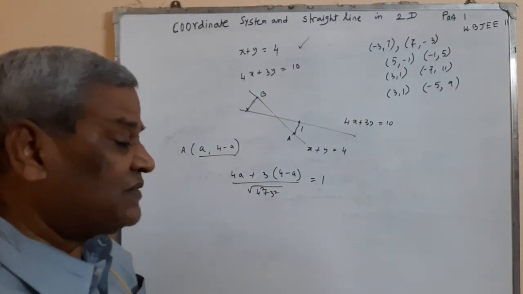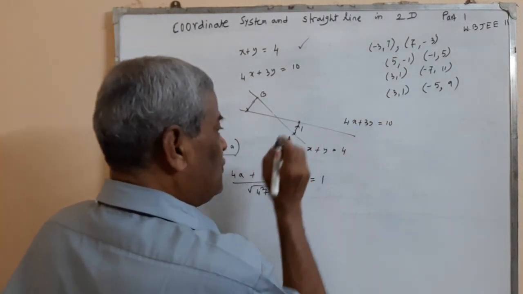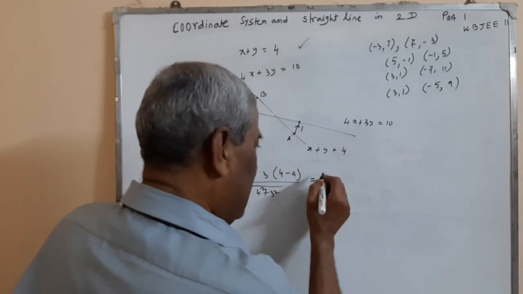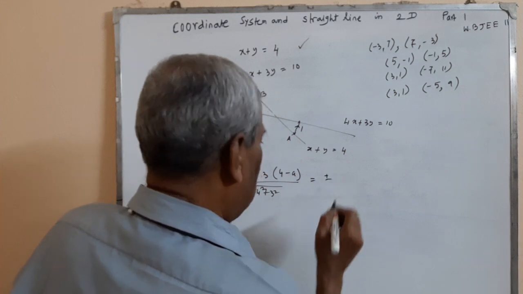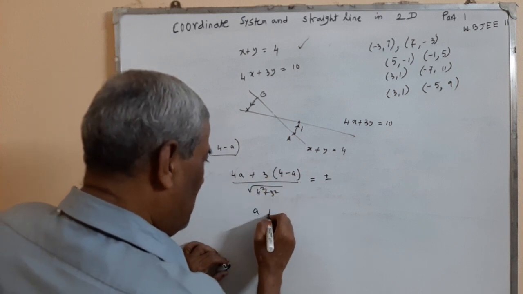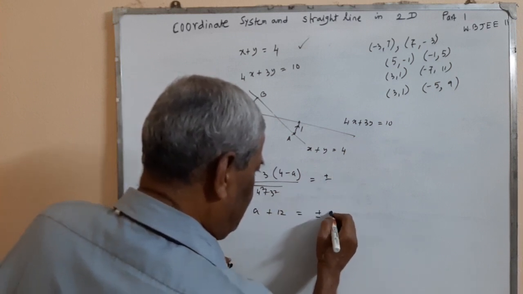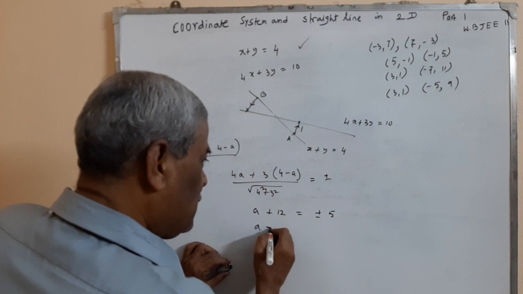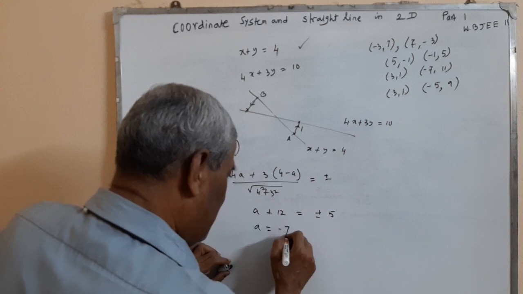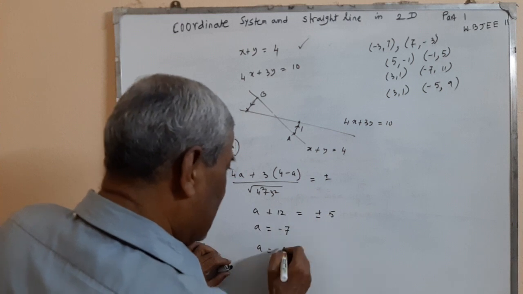If the distance is 1 in this direction, then in the other direction it will be minus 1, so it can be taken as plus or minus 1. So we get 4a minus 3a plus 12 minus 10, that is a plus 2, equal to plus or minus 5 into 1. Taking the plus sign, a is equal to 3, and taking the minus sign, a is equal to minus 7.